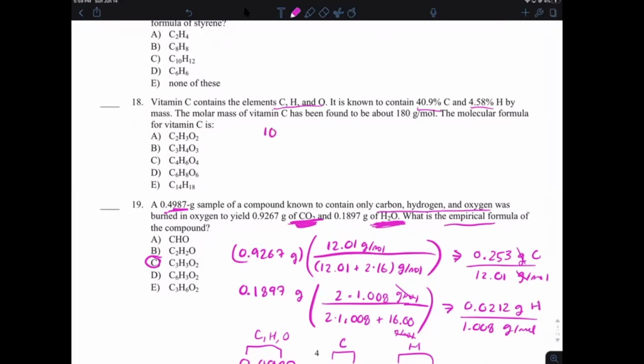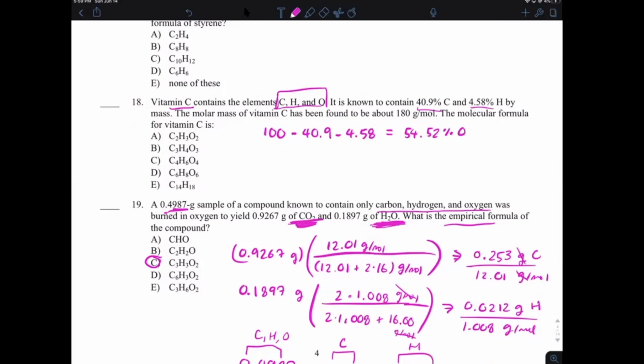So 100 minus 40.9 minus 4.58. And we know this because it tells us vitamin C contains just CHNO. So if we do that, we get 54.52% O. So that's the percentage of oxygen in vitamin C.